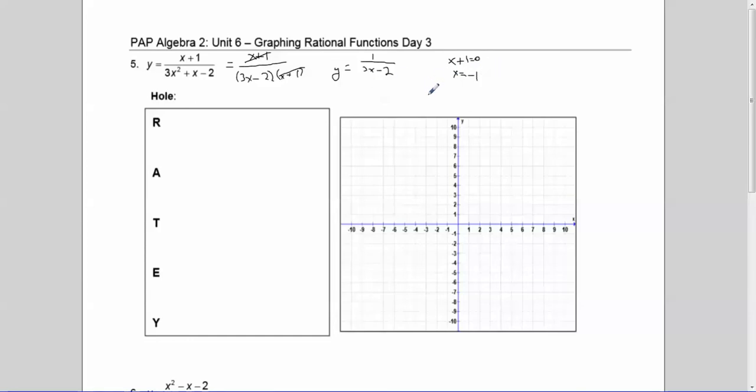When x equals -1, y equals 1 divided by 3 times -1 minus 2. -3 minus 2 equals 1 over -5. So our hole occurs at -1, -1/5. -1, -1/5 will be right there.